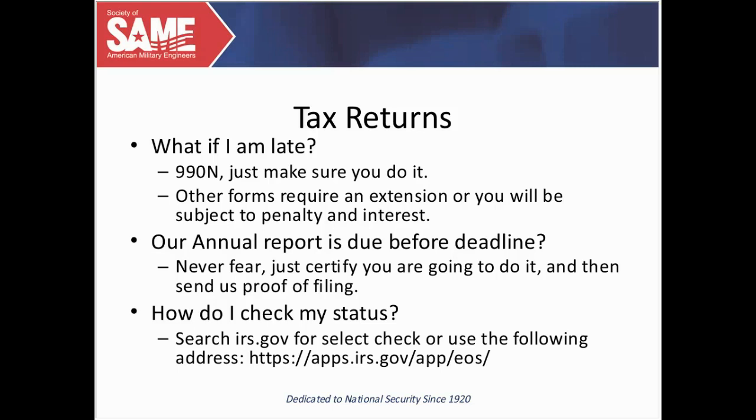You can also use the address listed in this slide. All state tax issues must be handled directly by the post. Every state has different requirements, and therefore all state-level issues must be handled directly by the post. If you want state sales tax exemption, you must file for that. That is not something granted by the National Office tax-exempt status.